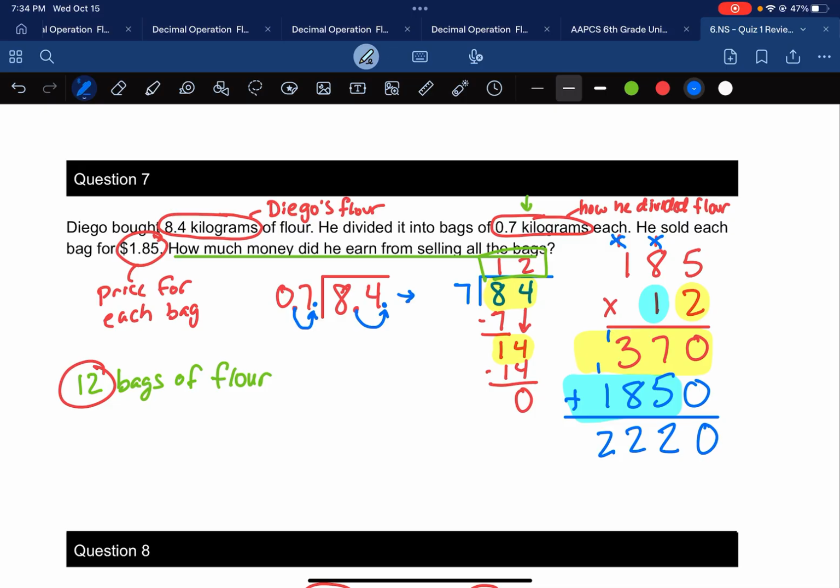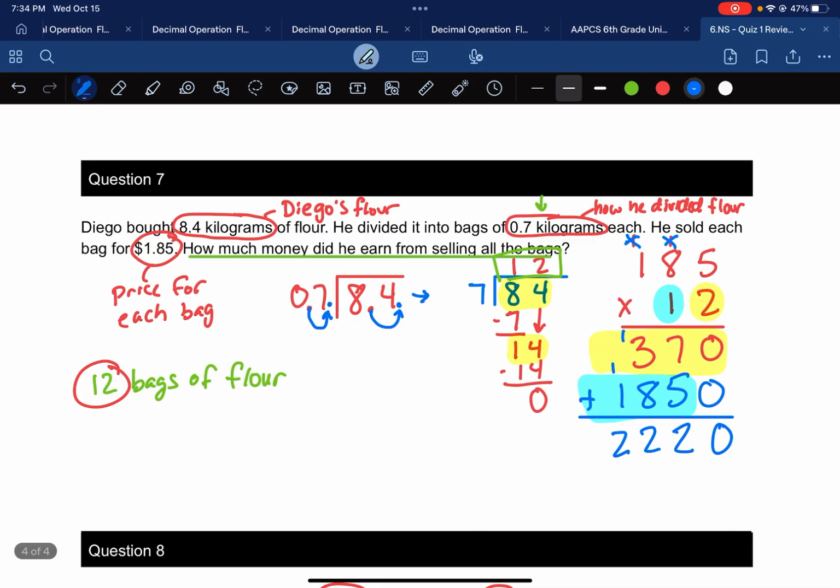Now, if we said that this is $2,220, that doesn't make sense, right? Because remember, everything is $1.85 each, which means we have 2 decimal place values in our question, which means we'll have to have 2 decimal place values in our answer.